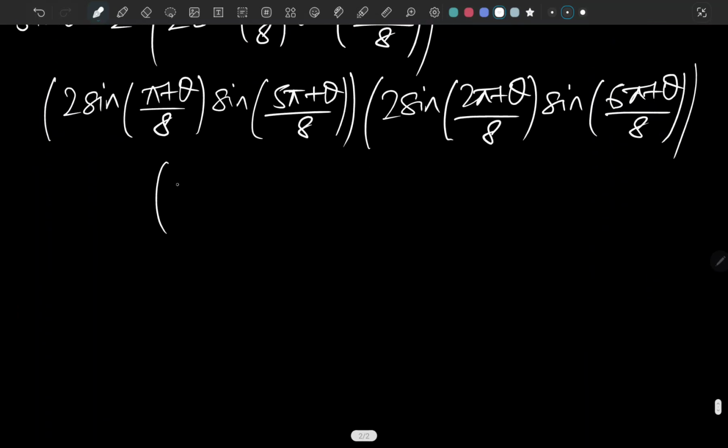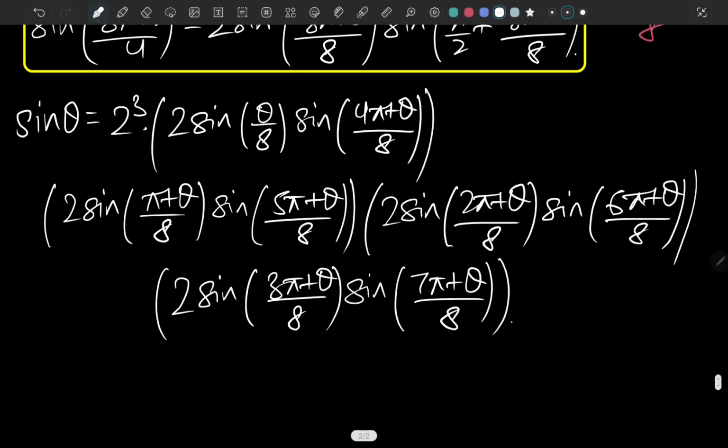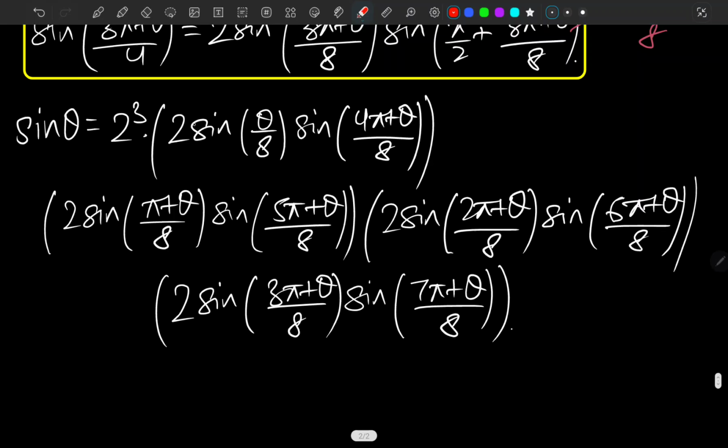Finally, the last factor is sine of (3π + θ)/8 and then sine of (7π + θ)/8, right? So we have this big chunk again, and now we have some 2's here, so we can pull them out and multiply them.